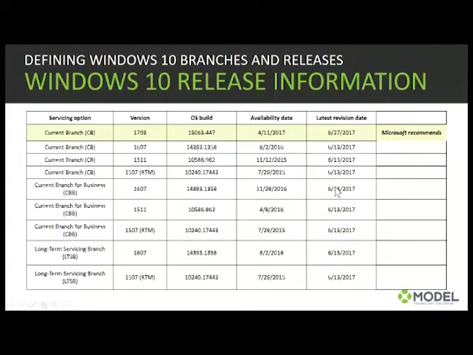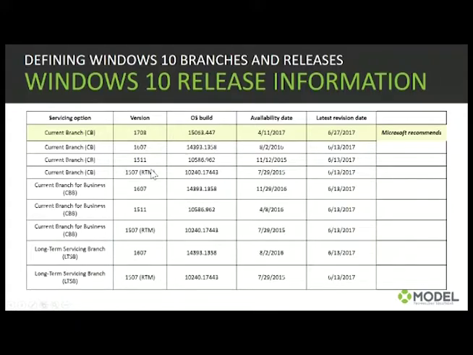So what this is telling me is that as a business, you should be somewhere in a piloting phase of current branch, and current branch for business is sure to follow soon. If you reference the release date of 1607 for current branch of 8/2, and then you go down and see 1607 made current branch for business on 11/29, you can see there's a discrepancy of about 3.5 months. So we're getting close to the point where 1703 will become current branch for business.